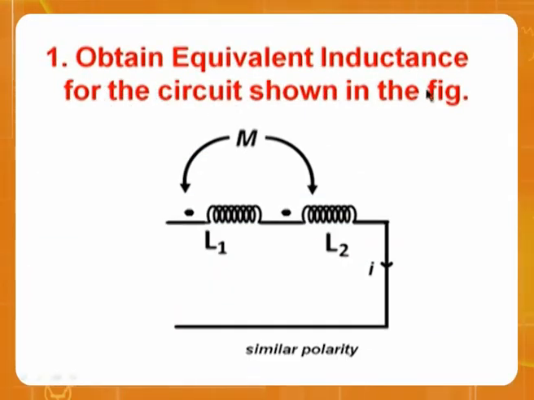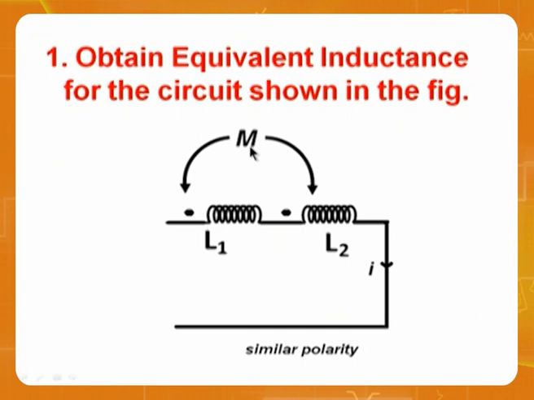Problem 1. Obtain the equivalent inductance for the circuit shown in the figure. Look at the problem. Please understand, if dots are there, then only there is an indication of induced EMF, or if M is mentioned, there is an indication of EMF. In all my previous lectures, I took inductance, but nowhere did I consider induced EMF.